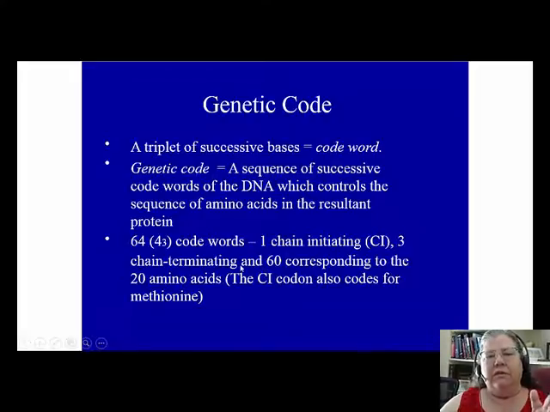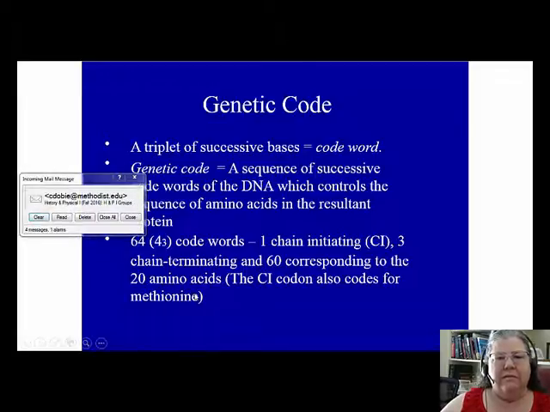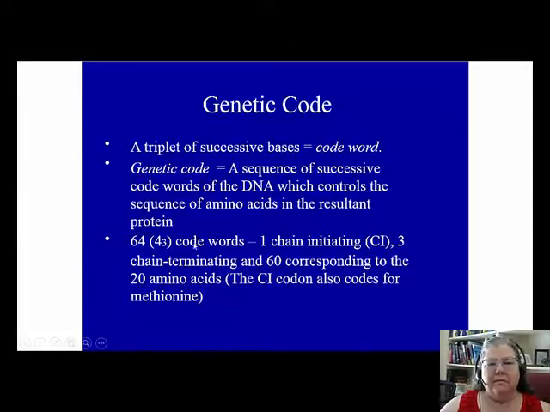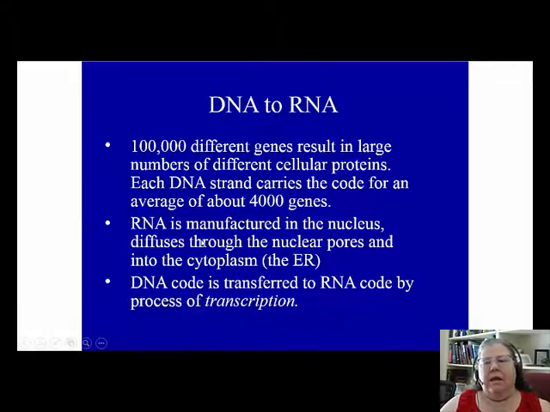There are 3 different chain terminating code words, and then there are 60 code words that correspond to the 20 amino acids. Okay, so this allows us, with 100,000 genes, to have a huge number of cellular proteins. In general, each strand of DNA carries the code for about 4,000 genes.